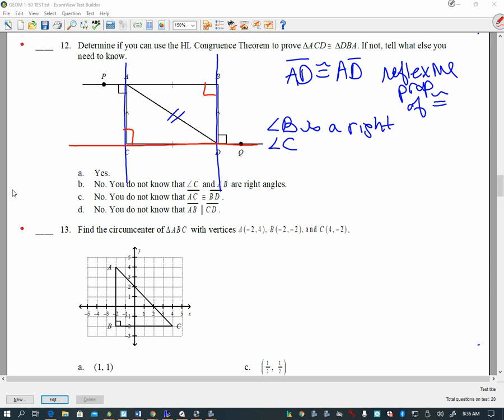Does anybody know through what? How do I know that angle C is a right angle? If my two blue lines are parallel lines and my red line is a transversal, how do I know that C is perpendicular? Not alternate interior, although you're on the right track.